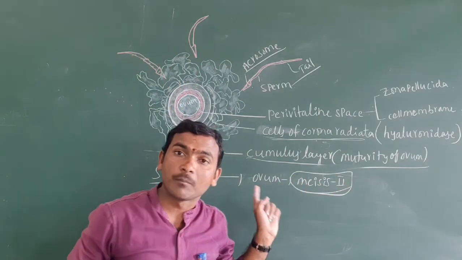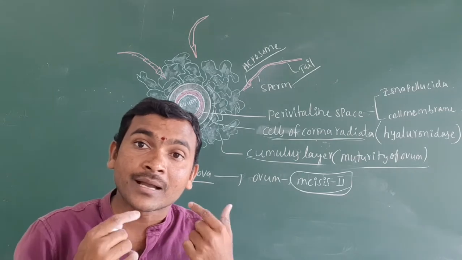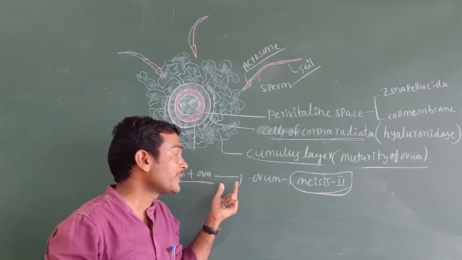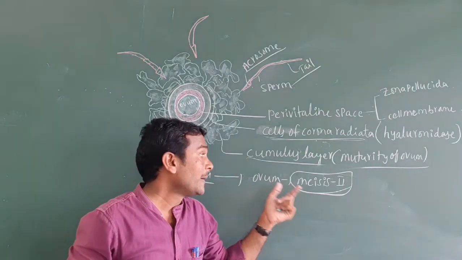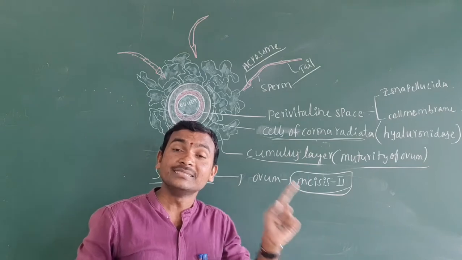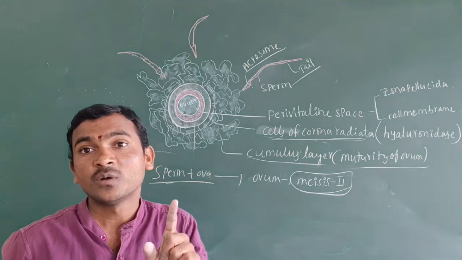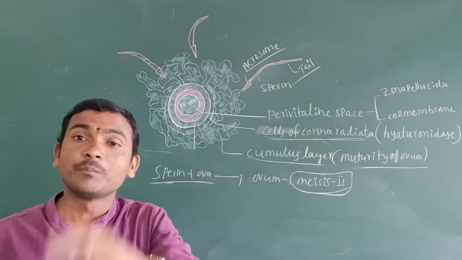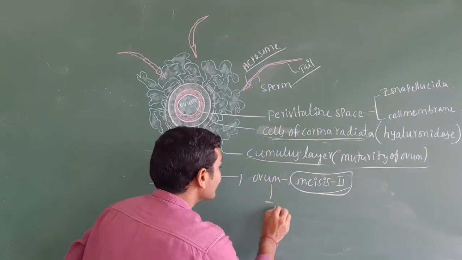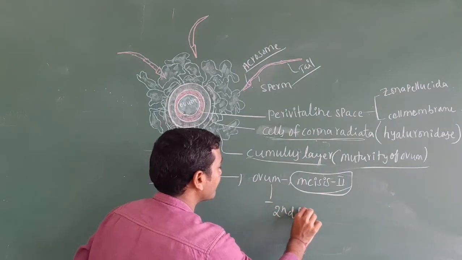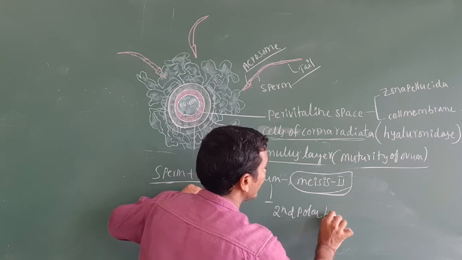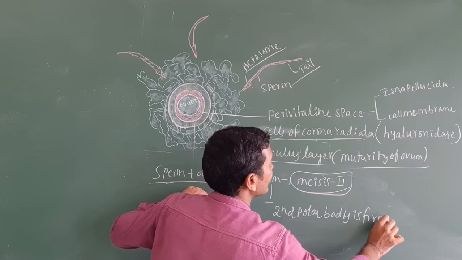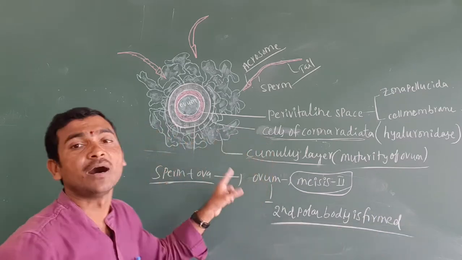Before this it is arrested in meiosis 2, but when combined with the sperm, it completes meiosis 2. Along with that, very important, the second polar body is formed.